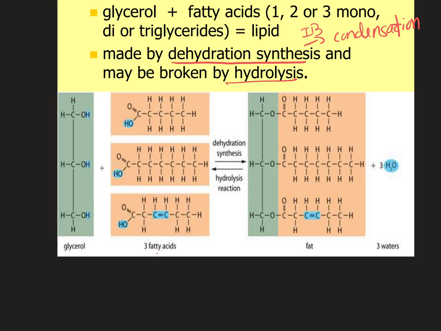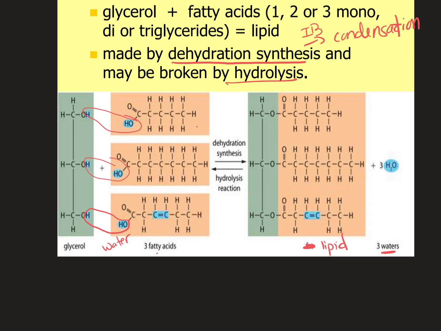And these are the 3 fatty acids. And there is going to be your water molecule that's going to be pulled off. Dehydrate to pull off water. And then you're going to make your lipid. And of course, there's going to be 3 waters because you're adding 3 fatty acid chains. So there's your 1, 2, 3 waters.